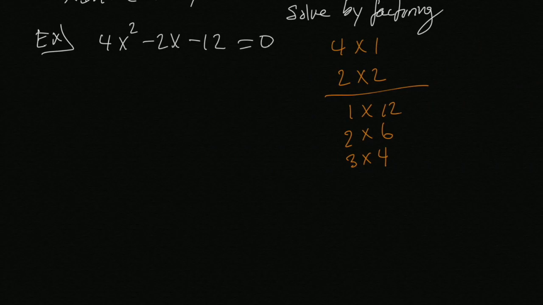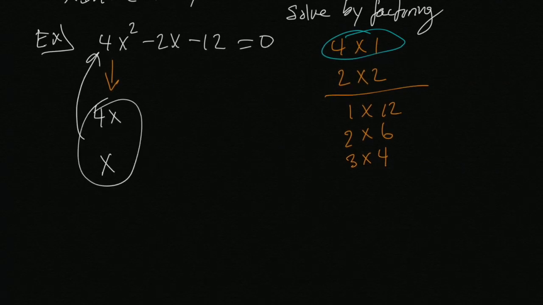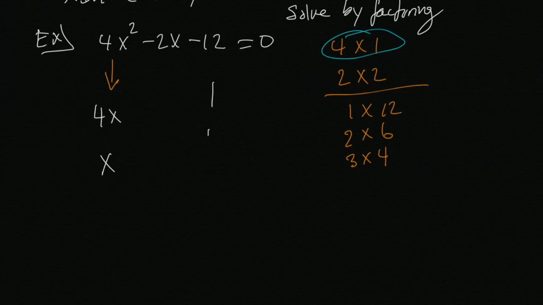So you start with the 4 and 1, and so that would mean that this would become 4x and 1x, because 4 times 1 gives you 4, and x times x gives you x squared. And on the outside you will have 1 and 12, and you need to make one of them negative.